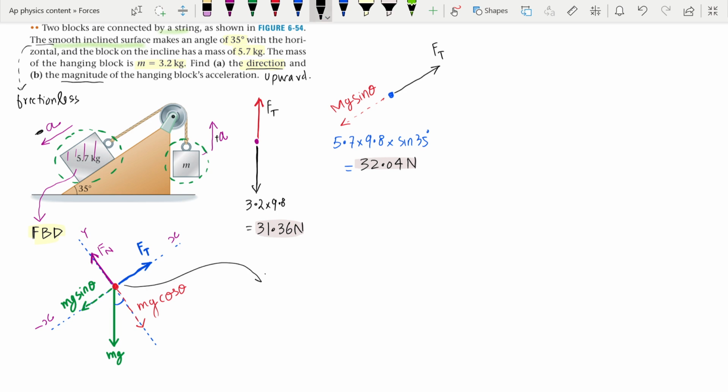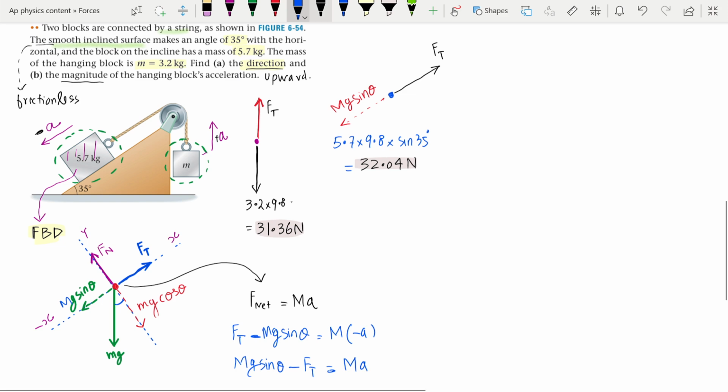If I apply Newton's second law, the net force must equal ma. So we can write the force of tension, positive, minus capital M g sine theta equals M into negative a, which you can also rearrange like this: M g sine theta minus force of tension equals positive M a. We want to find the acceleration. So this is our first equation.